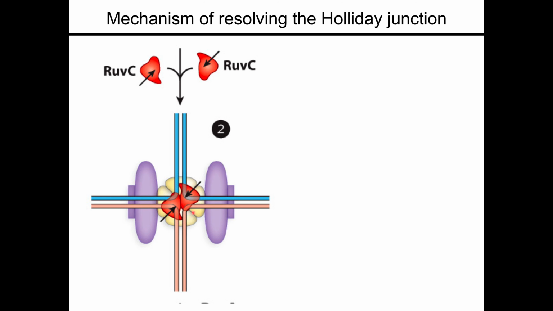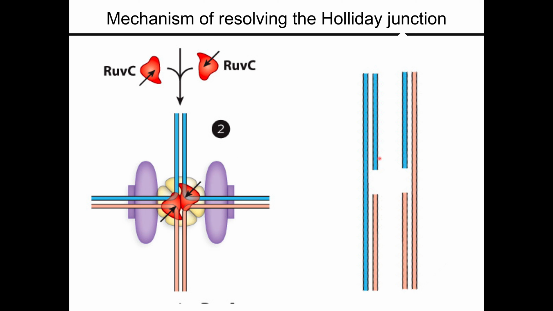So this is again where those pipe cleaner junction models can come in handy, where we're cutting across and ligating this side here to this side here, and ligating this side of the cut to this side of the other cut to make molecules that look like this. We're going to end up making molecules that will be ligated. One will be an intact blue, and one will be partially blue, partially orange.